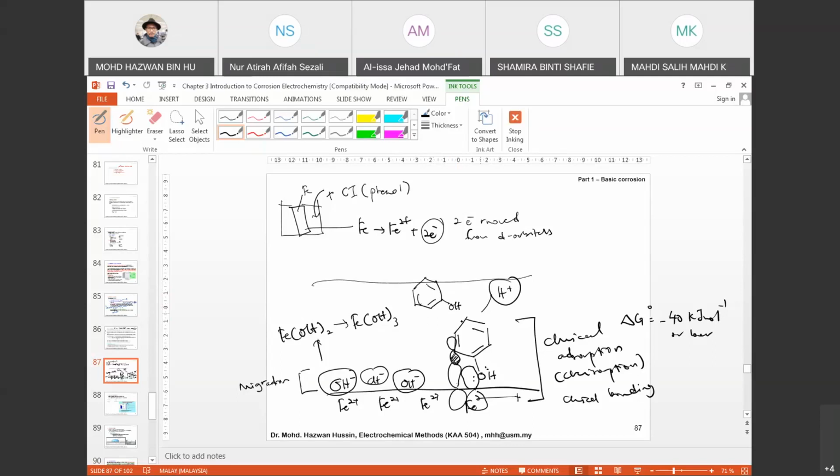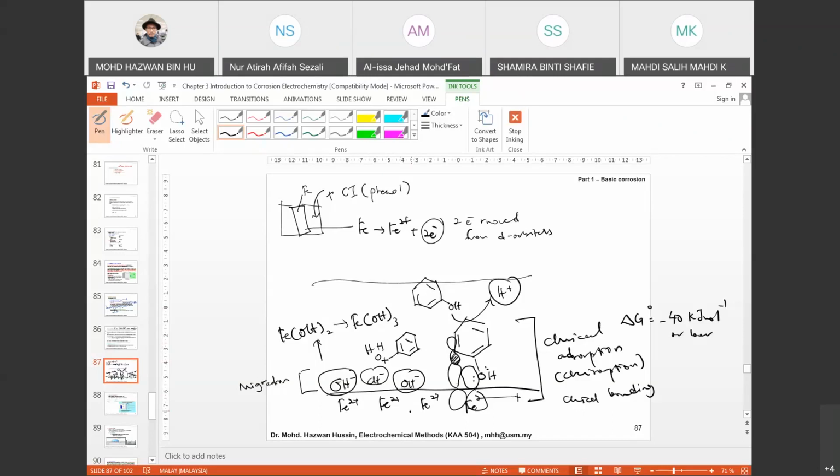It can react especially with the hydroxy group because hydroxy is electron rich. It will attack this and form a so-called protonated phenol, OH2 plus. And then this will be positively charged.